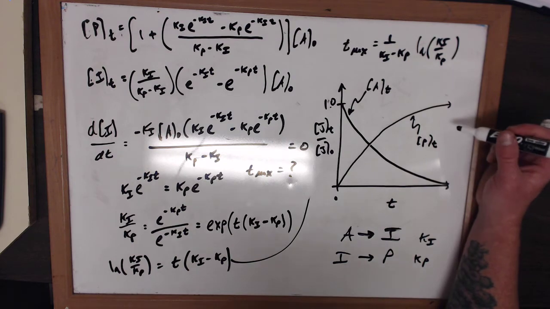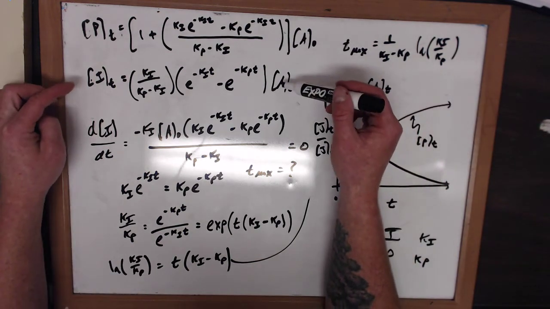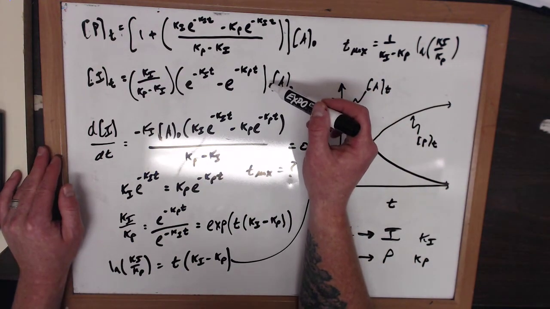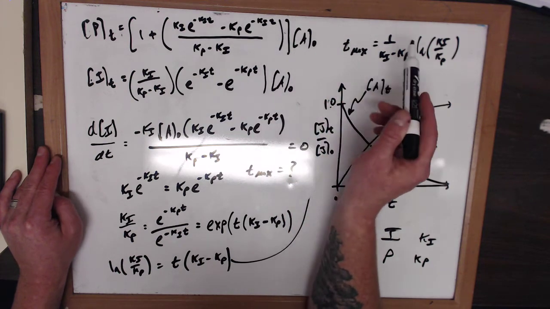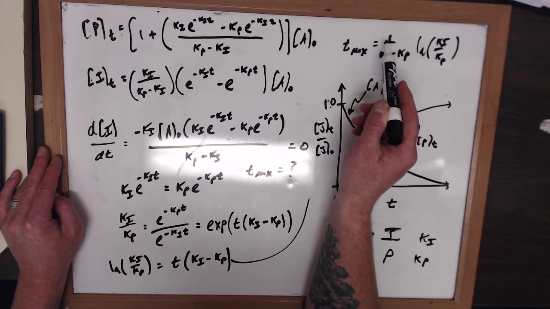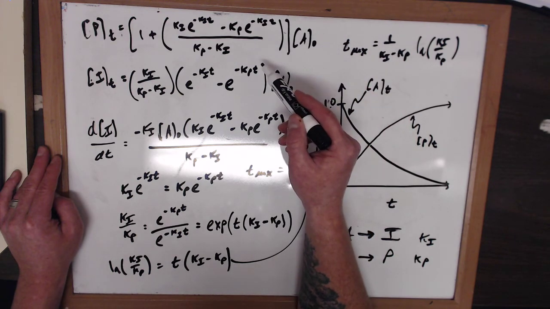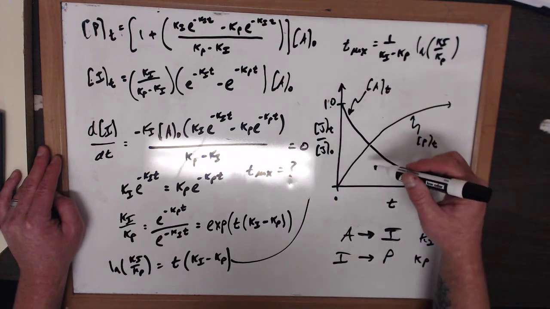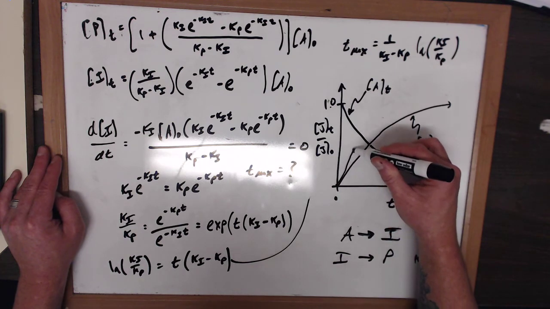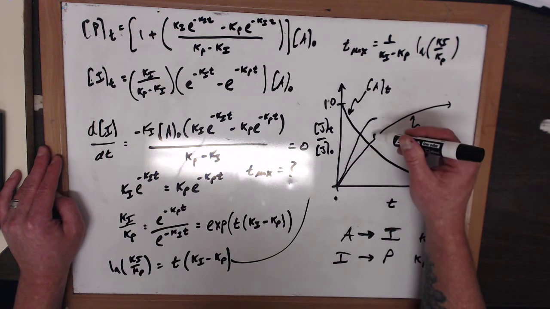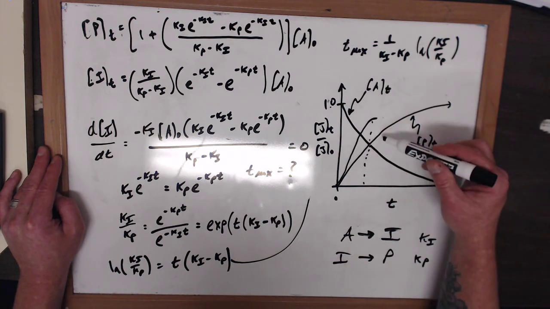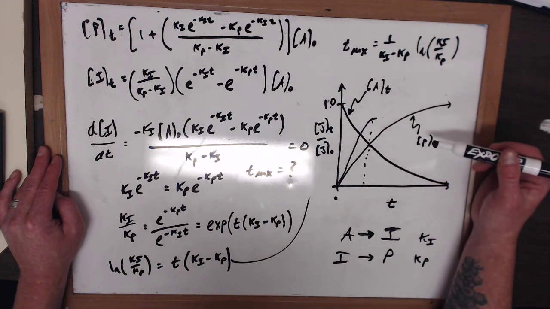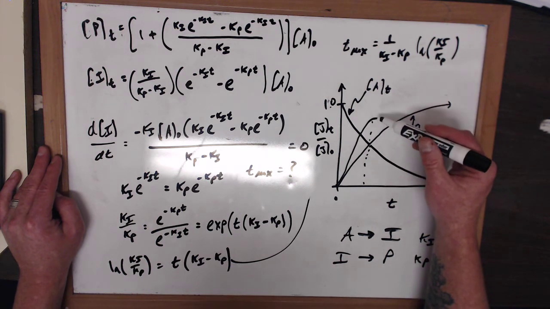And now our intermediate, it's hard to see how that equation will look. But if we were to plug in this expression for time into these expressions, then we would find that I first maxes out when P and A are roughly the same, and then begins to decay.